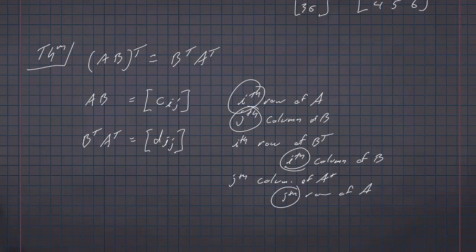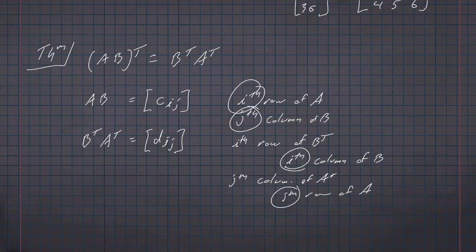And that's what it takes to get that AB transpose equals B transpose A transpose. All right, so a couple of interesting ideas on the transpose of a matrix.